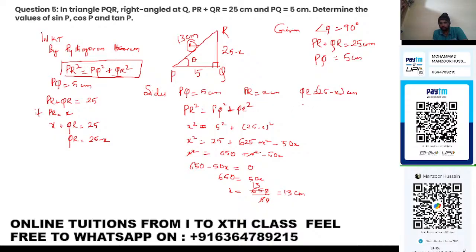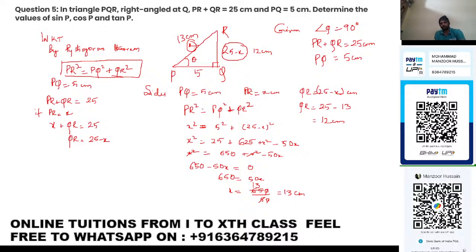Now we are supposed to find QR here. QR is equal to 25 minus 13, which is 12 centimeters. So this value of 25 minus X can be written as 12 centimeters.